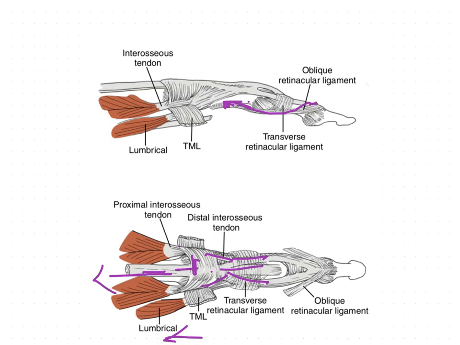The extensor digitorum, interossei and lumbricals are therefore each capable of applying an extensor force at the PIP joint.